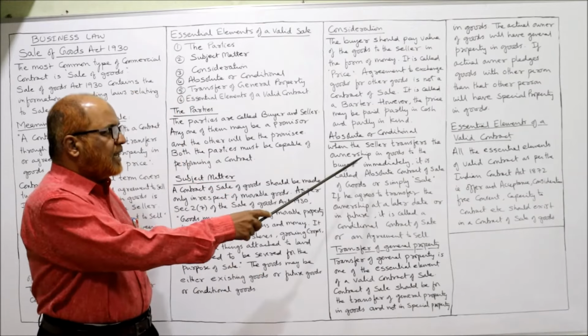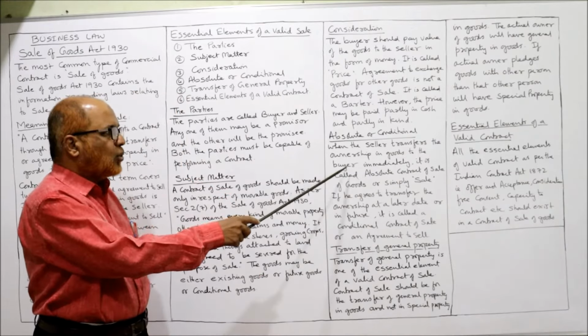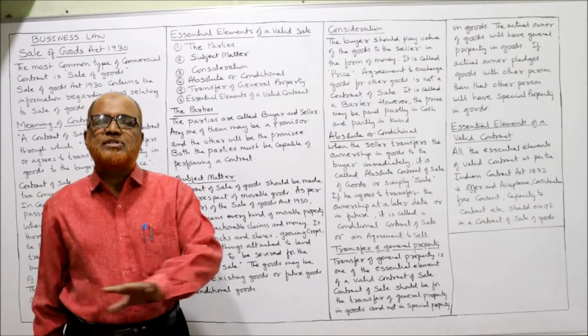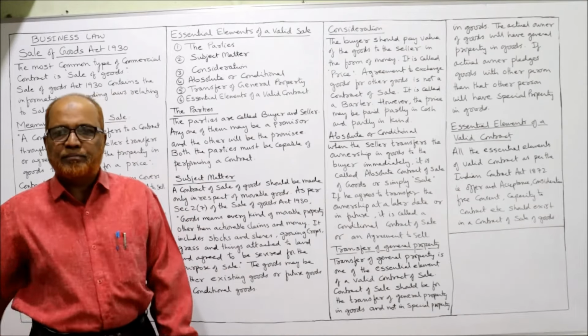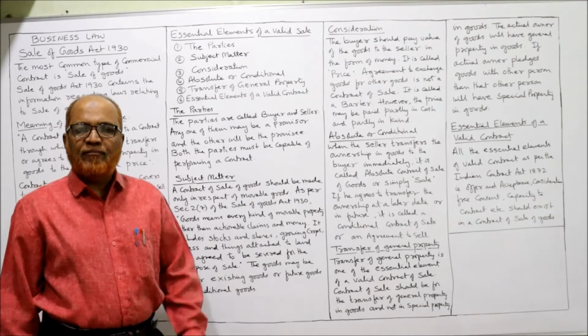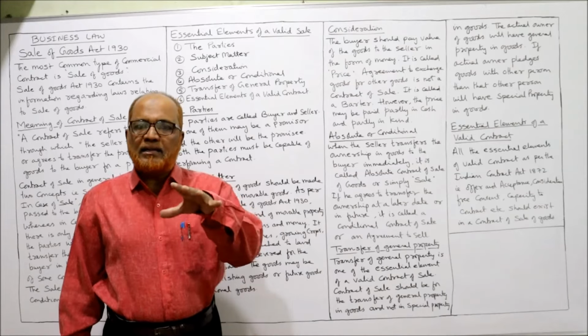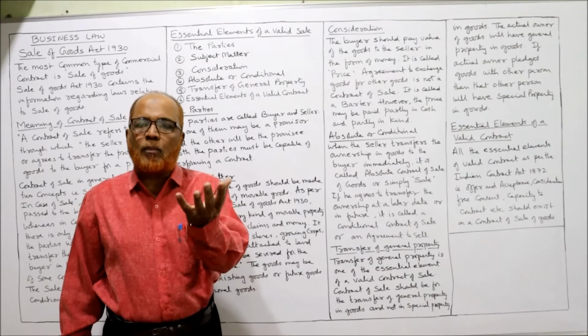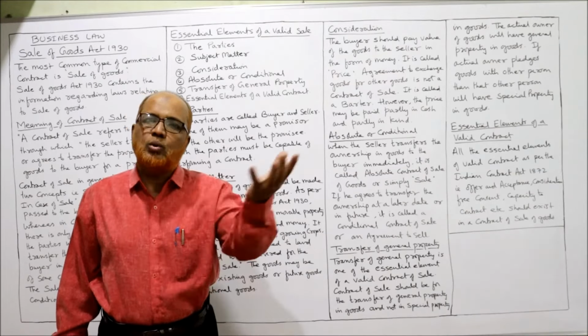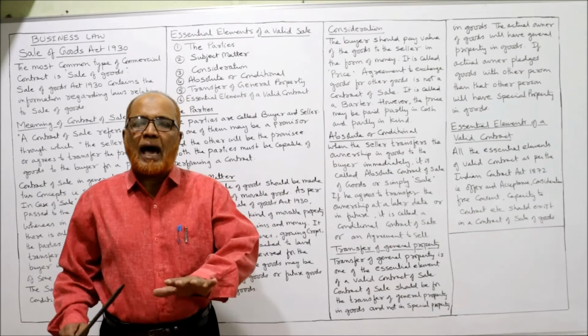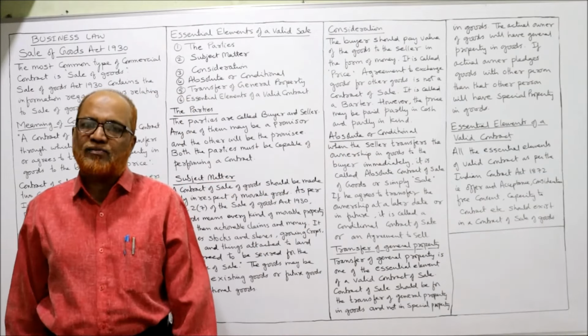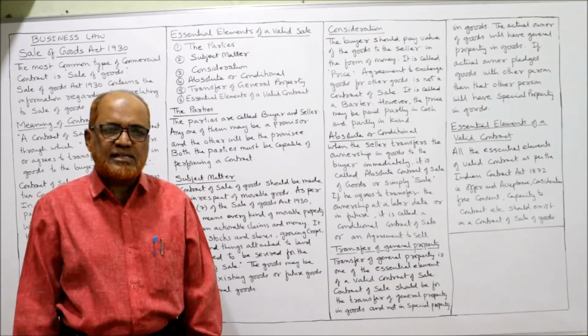When the seller transfers the ownership of the goods immediately, it is called an absolute contract of sale, or simply a sale.